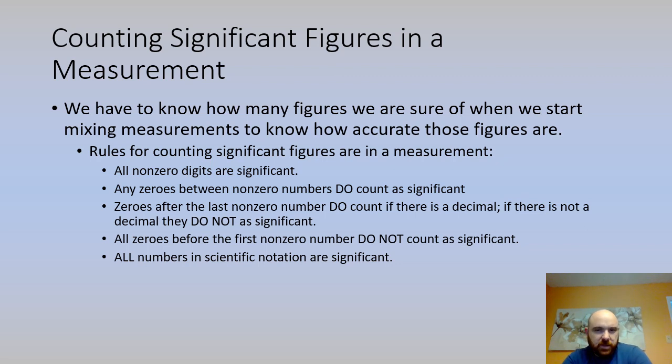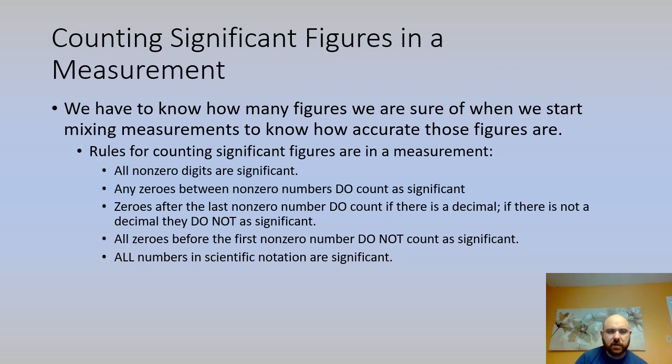actually significant. And these are your rules listed on this slide here that shows you how to figure out whether a number in a measurement is significant or not. And so the rules are: all non-zero digits are significant. Any zeros between non-zero numbers do count as significant.